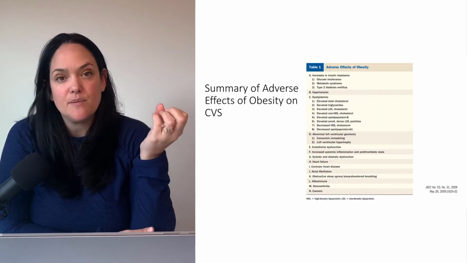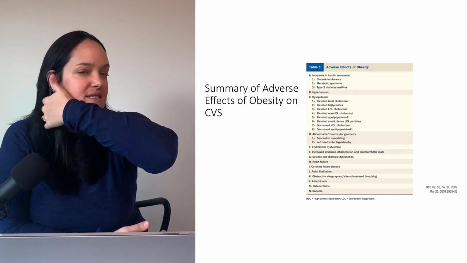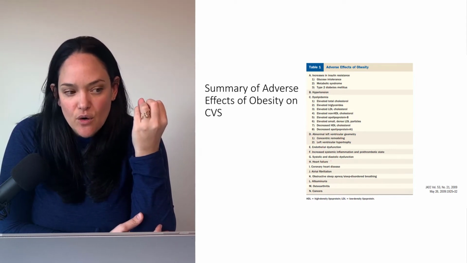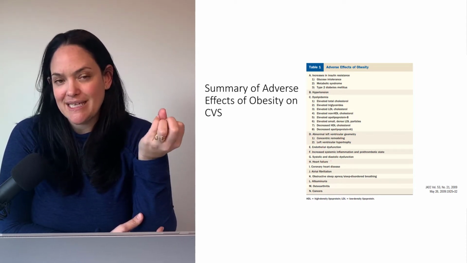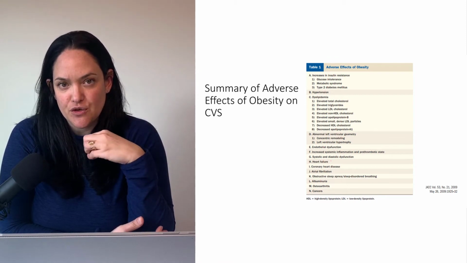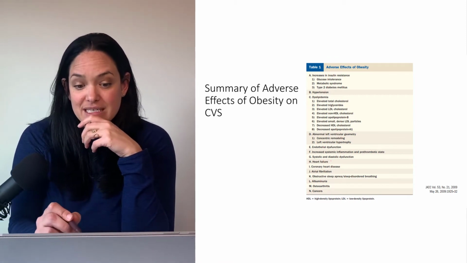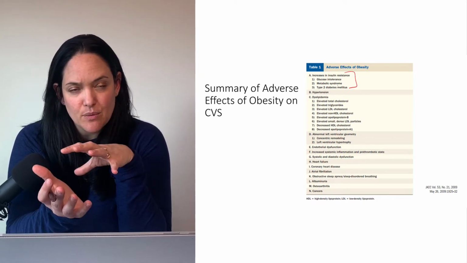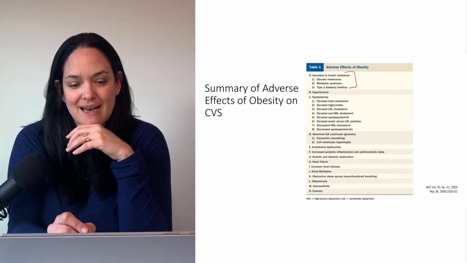So this slide is a summary of some of the adverse effects that obesity is associated with that help link it to cardiovascular disease. For instance, like we talked about, an increase in insulin resistance is a big pathway towards cardiovascular disease.